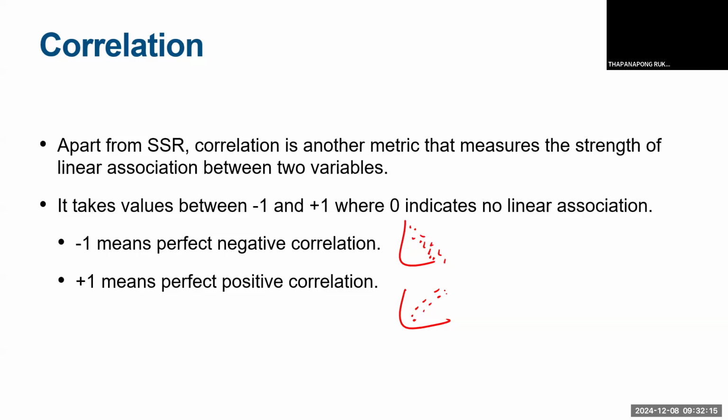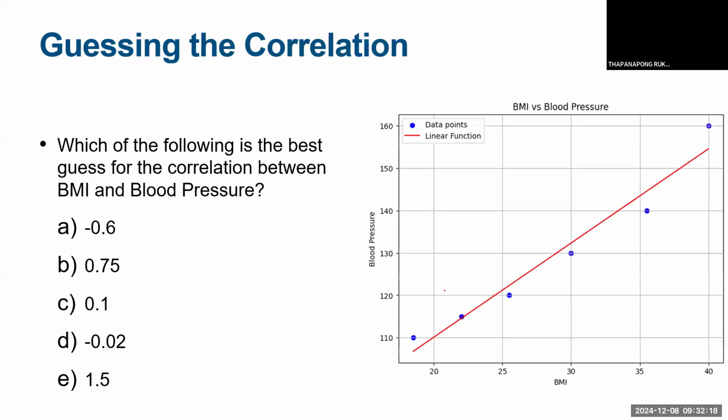How can we compute correlation? So let's start with an example. If you want to guess what is the correlation value for BMI by weight, what is it? Someone said B. Why is it B?